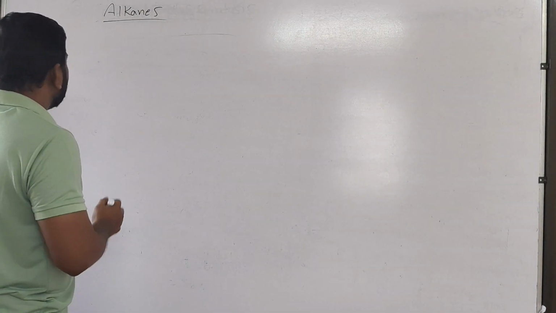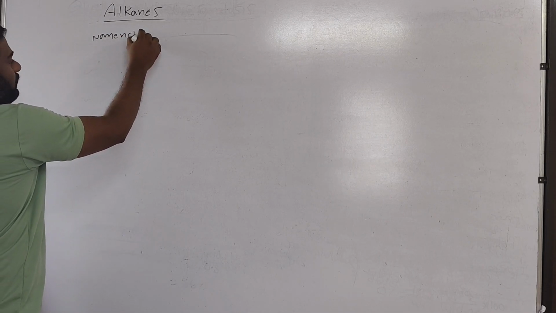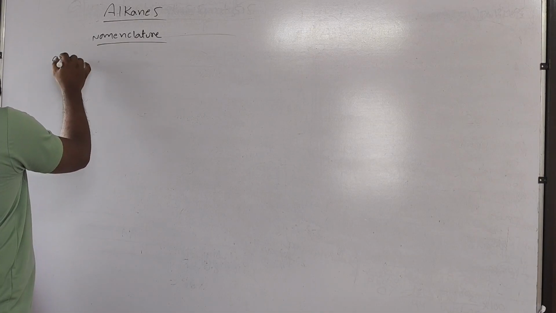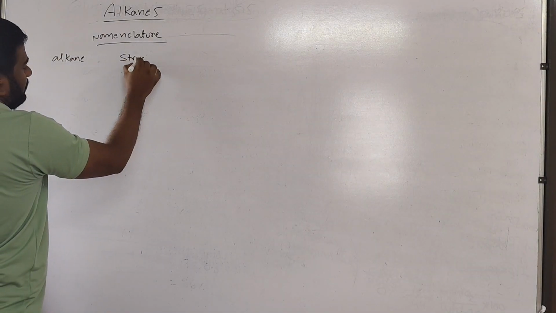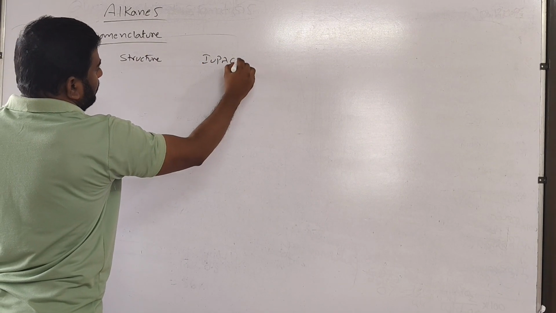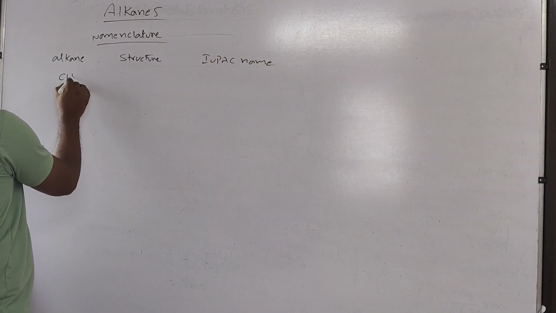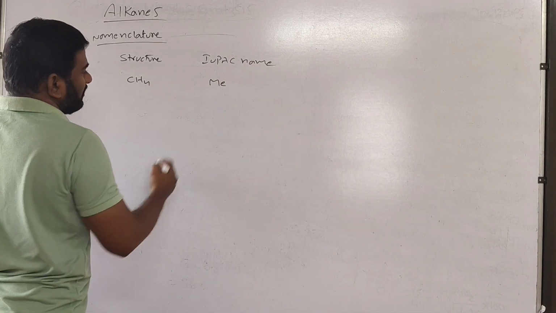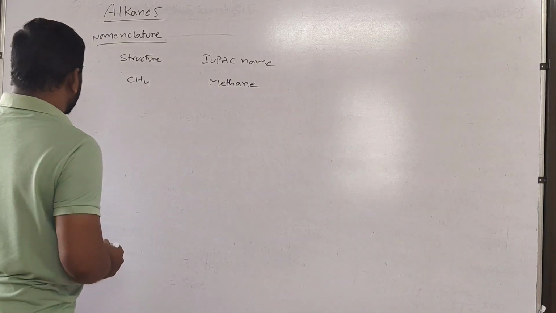Next, alkanes nomenclature. Alkane structure and its IUPAC name. If you take the first one, CH4: one carbon, root word meth, single bond, so methane.